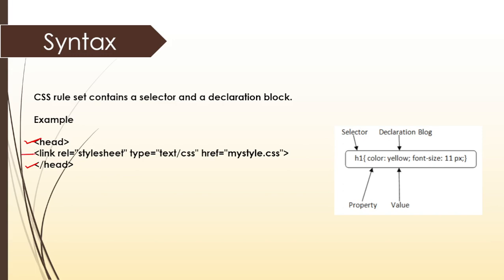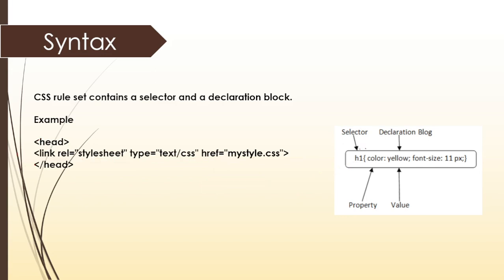But in case of the link tag, there is no need to close it. You can directly write link rel stylesheet, type text/css, href mystyle.css, and all these are the properties that you want to give to your HTML tags.